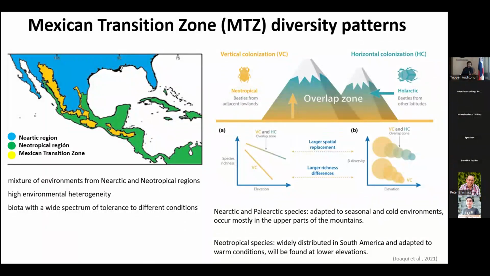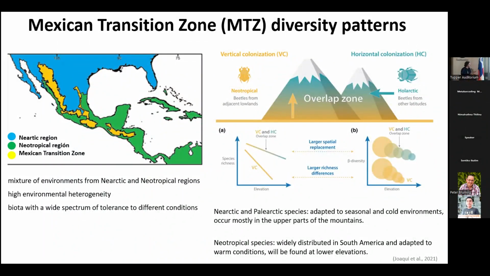In other words, we can test to what extent historical distributions and biogeographic origins contribute to the current distribution of species, and how these are affected by more recent ecological and environmental conditions.